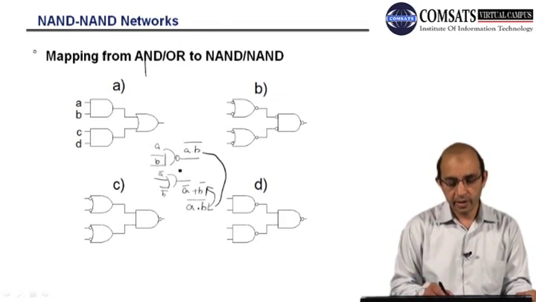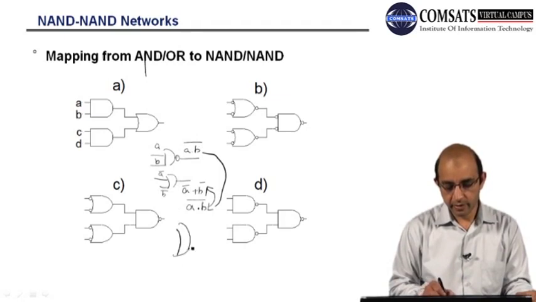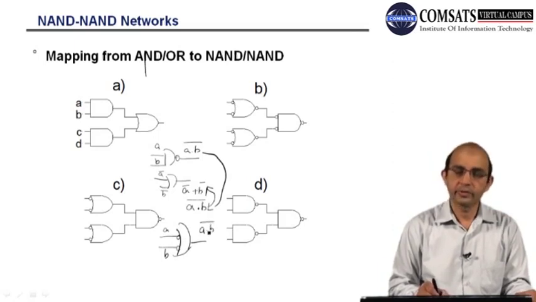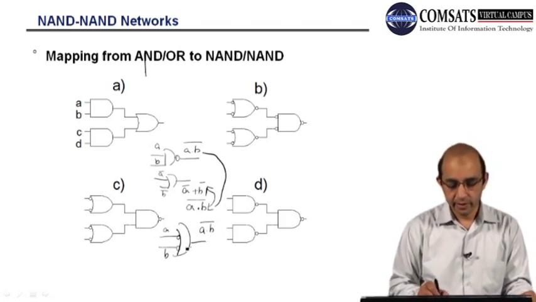So it means I can replace this. If I represent this OR gate with bubbles, and I place AB here, what does this mean? This means A dot B whole bar. So this is NAND.